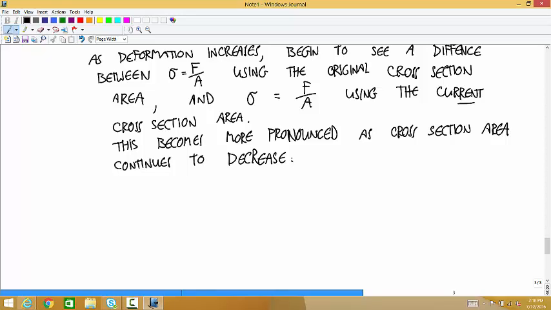So now there's a couple of different ways this stress-strain curve can look. If you calculate the stress as the force divided by the original cross-sectional area, that's called the engineering stress.